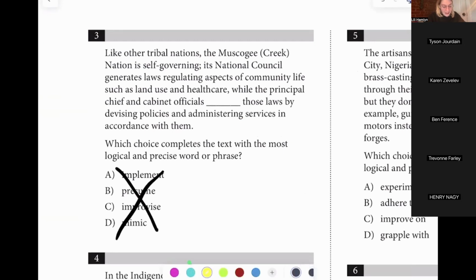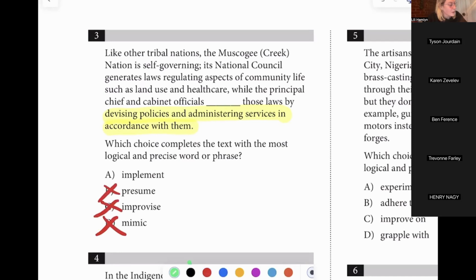So here what we have is that they something the laws by devising policies and administering services in accordance with them. So we would maybe have something like administered the laws, basically. We could use that word again. And so if we look at the answer choices, we see that mimic doesn't make sense, improvise doesn't make sense, presume doesn't make sense. So here we want implement.